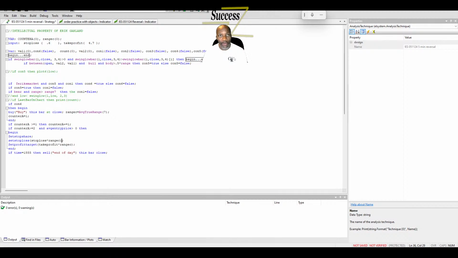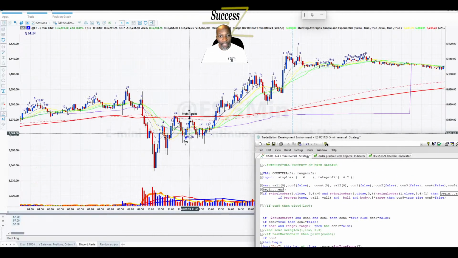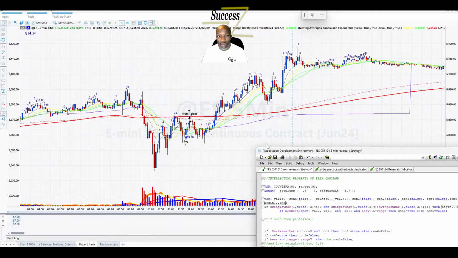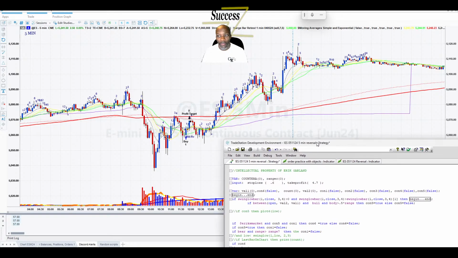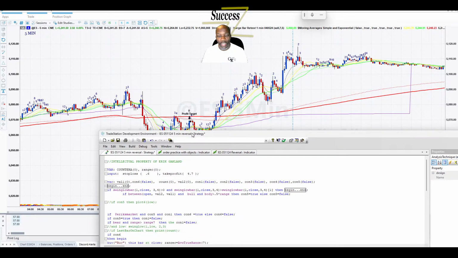Say we came over here and got in here, looking to the right side of the screen, at 50.60, and then we got out here at 50.68. That's 8 points. 8 times 5 is $400 on ES.